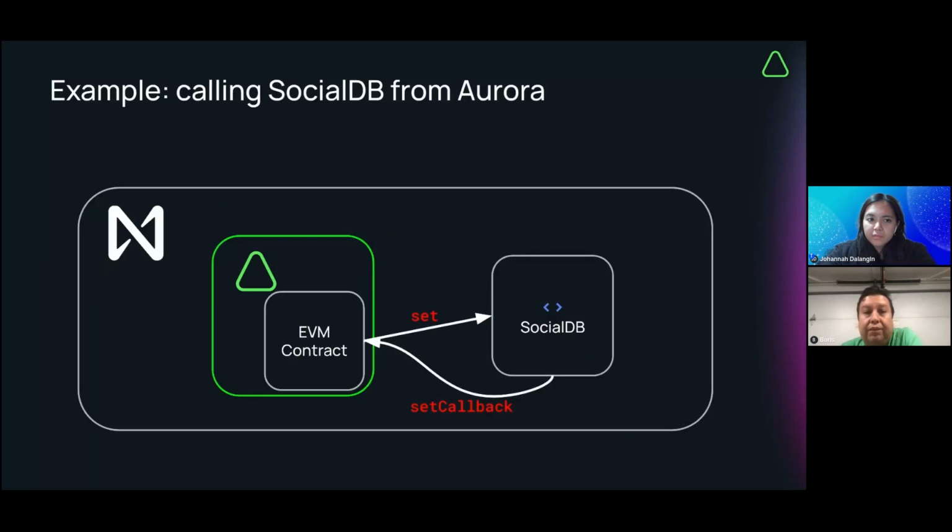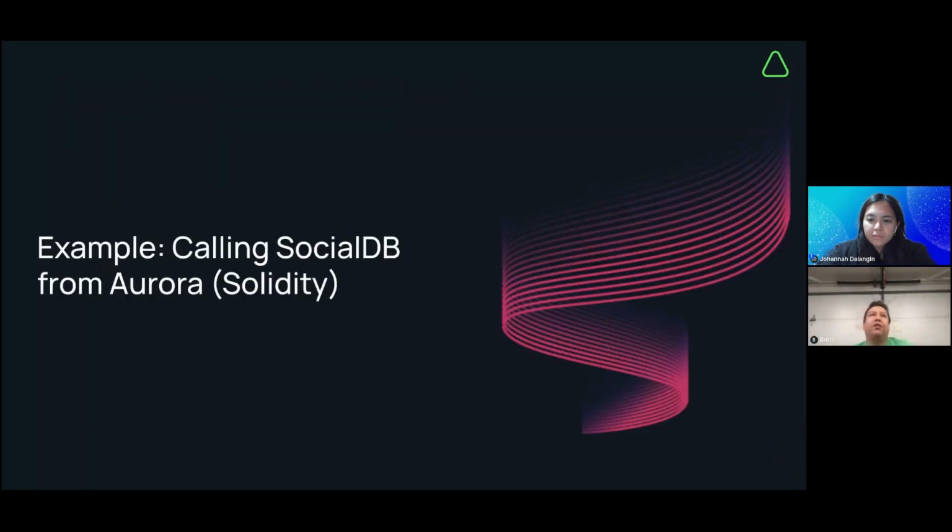Let's start with a simple example. SocialDB is a Near framework that basically allows you to store data on chain efficiently. It's more than that, I'm just simplifying, but it is the base of many subsequent Aurora and Near platforms, including Boss.